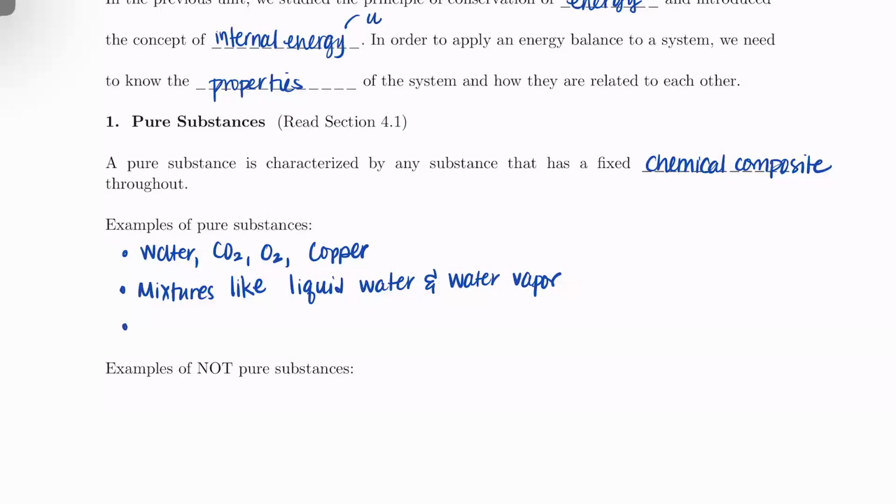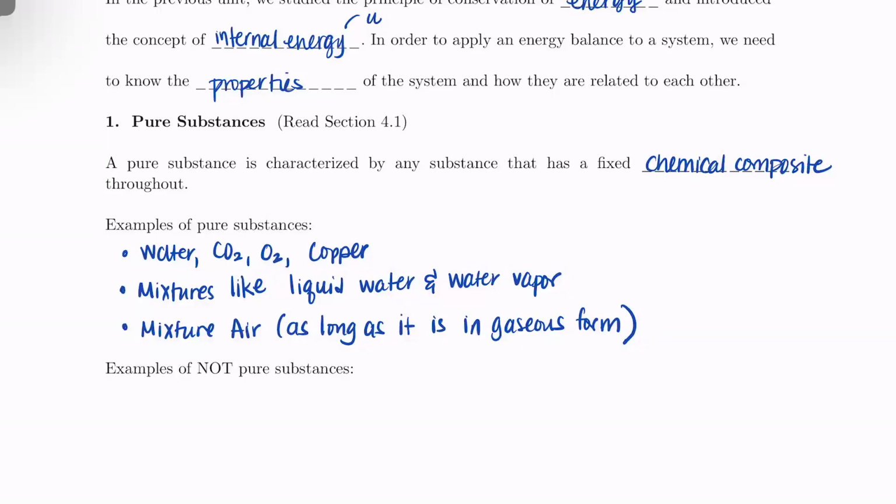And a mixture such as air also is okay, as long as it's in gaseous form. Essentially the argument that we're making here is that generally air has the same mass fraction of all the different species that are in it, and it's well mixed.